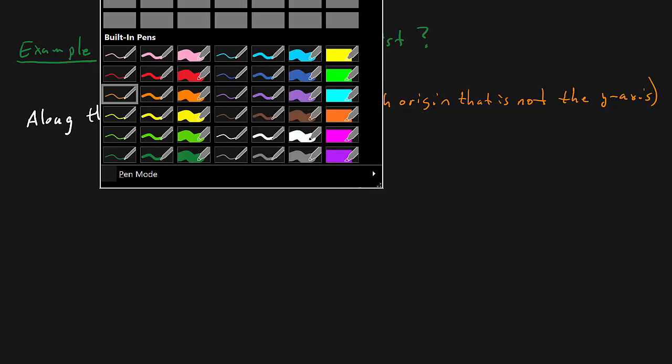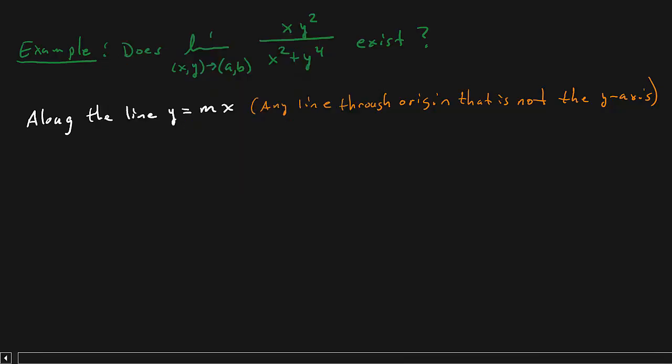So let's look at this problem. So this is going to be the limit as x, now, y is equal to mx. So I'm going to replace y with mx, and that goes to 0, 0. And that's x times mx squared. I'm taking the mx and I'm plugging it in for y.